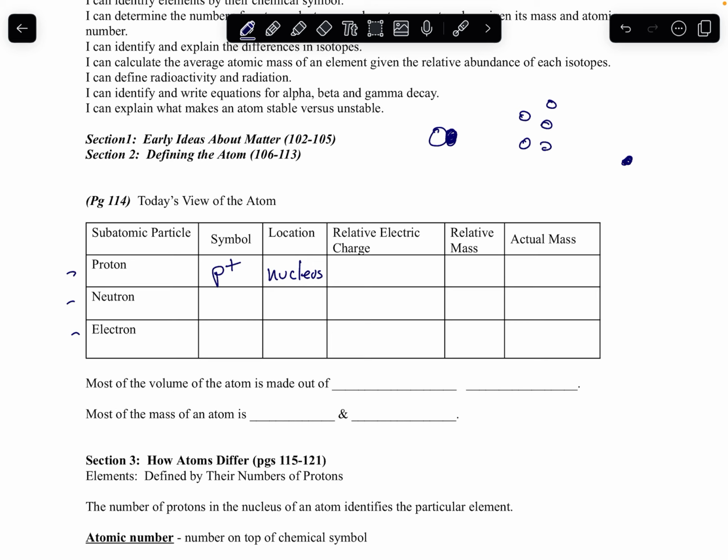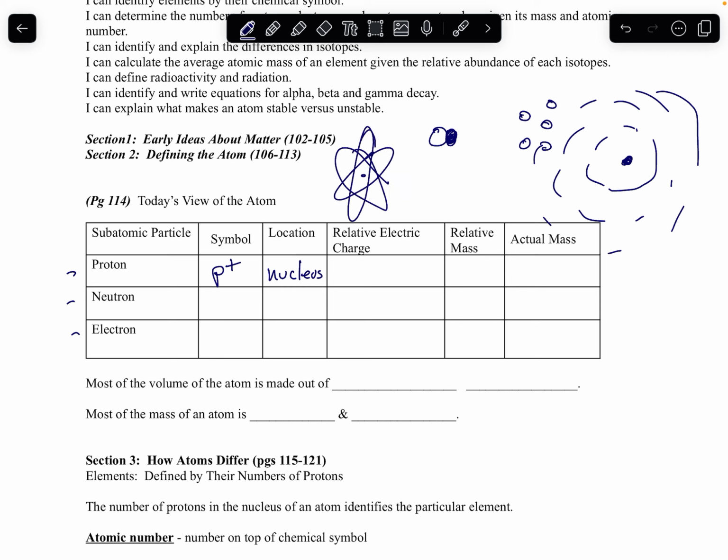If here's my atom, the nucleus is a very small, very dense piece of matter in the center, and there are electrons going around it, spinning in orbit. I'm sure you've probably seen a picture of an atom like that in Simpsons cartoons. That dot in the middle is the nucleus. That's where the protons are.